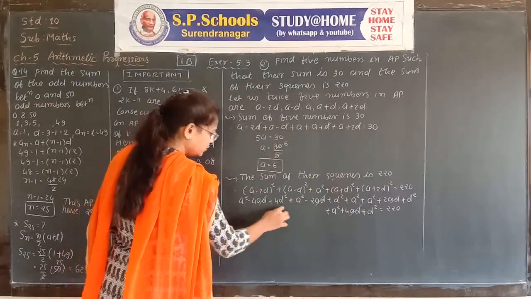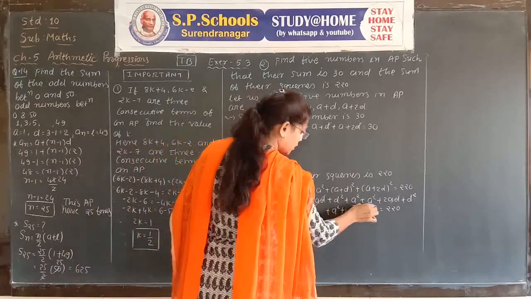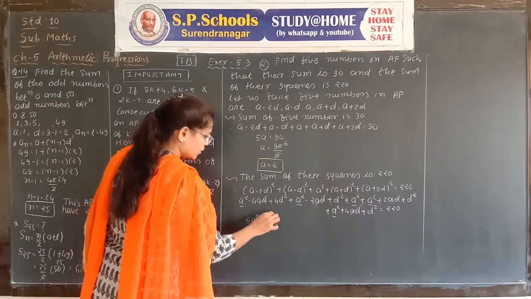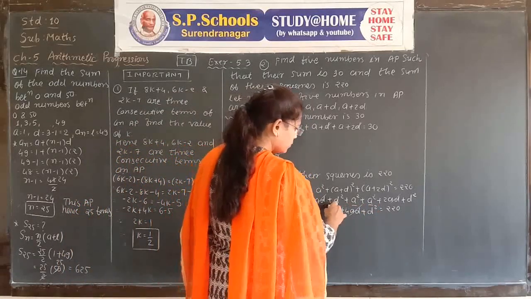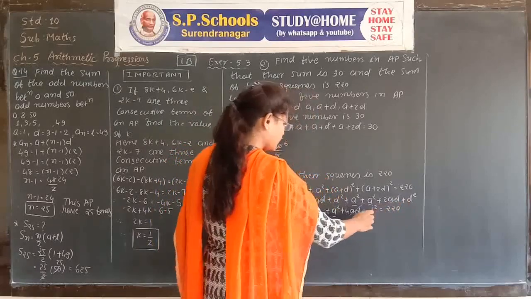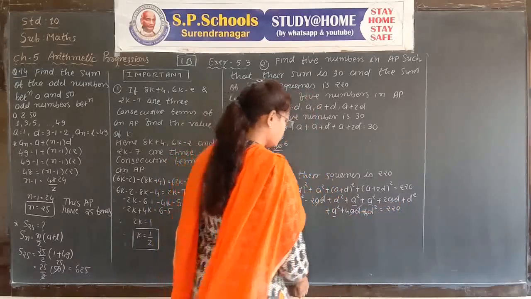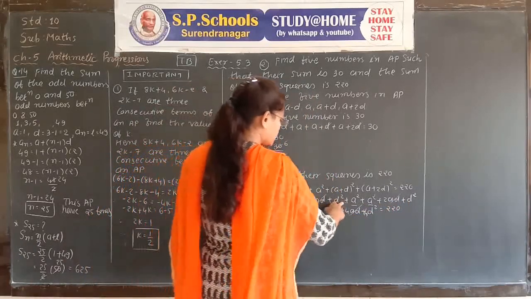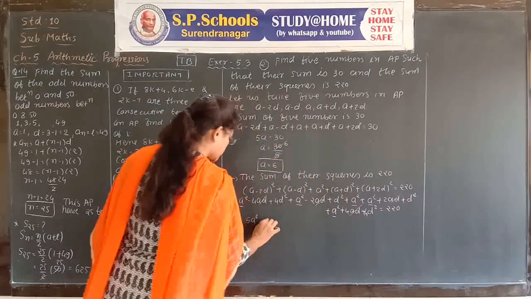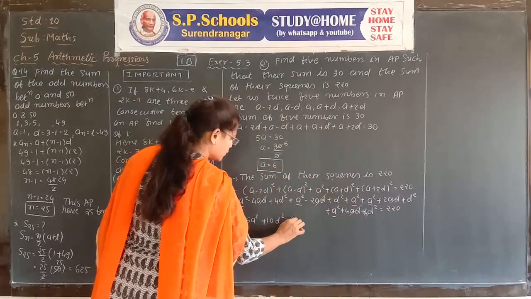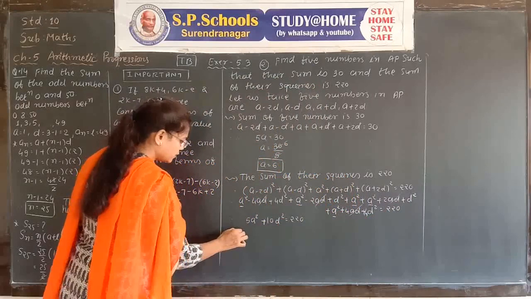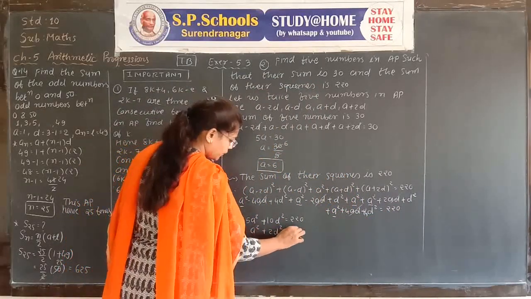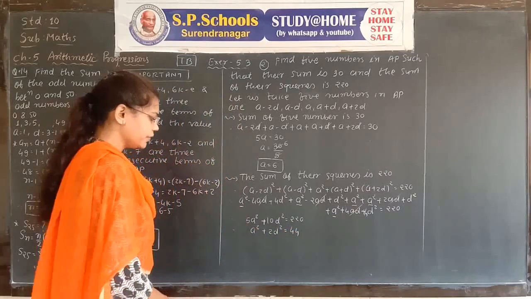We get 5 times A square, which is 5A square, plus 4D square plus D square plus D square plus 4D square, which is 10D square. 10D square is equal to 220. First of all take 5 as common. A square plus 2D square is equal to 40.